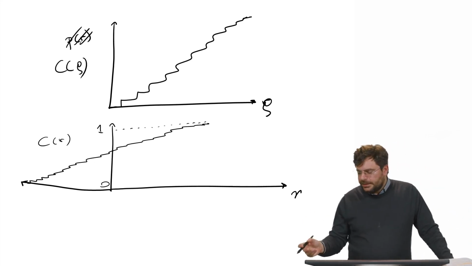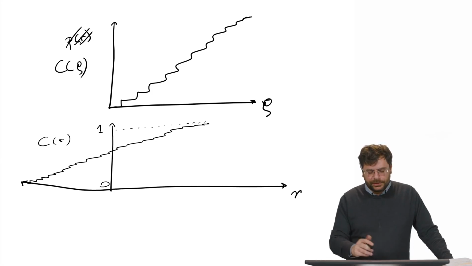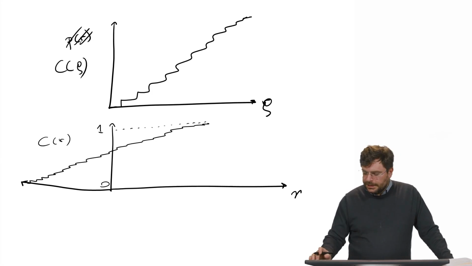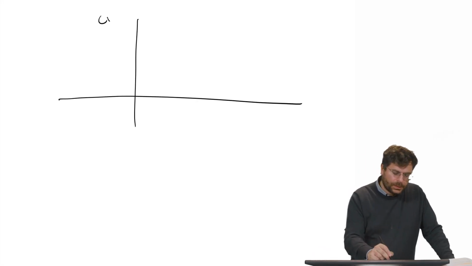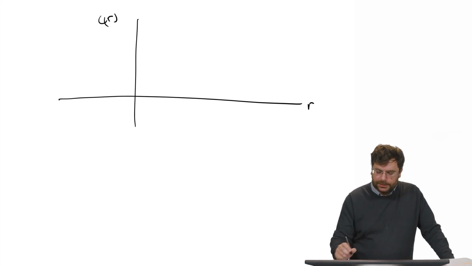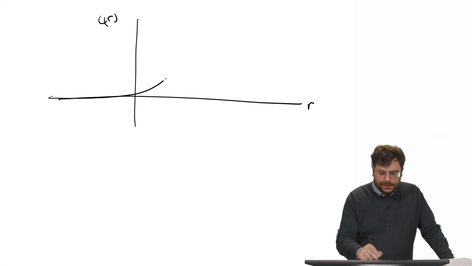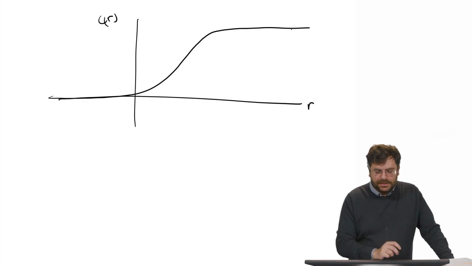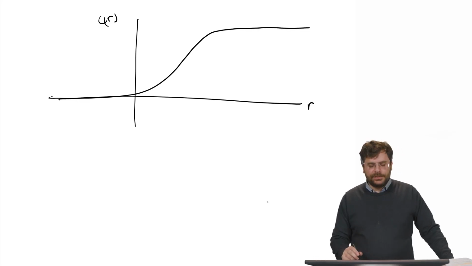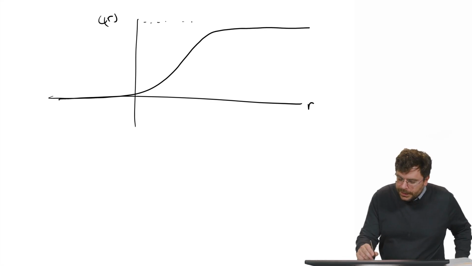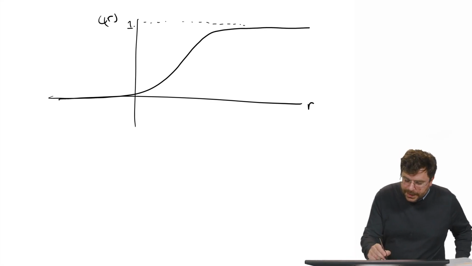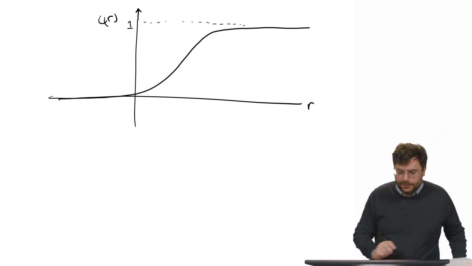I can think of a discrete probability distribution as generating discrete steps, and a continuous probability distribution, C of R versus R, as generating an infinite number of steps, very smooth. And this here again is always at 1, the maximal value for my C of R.